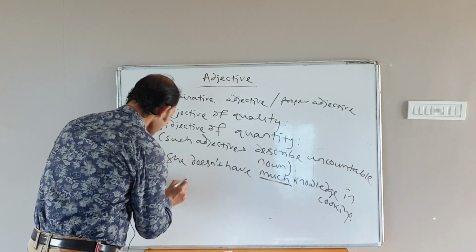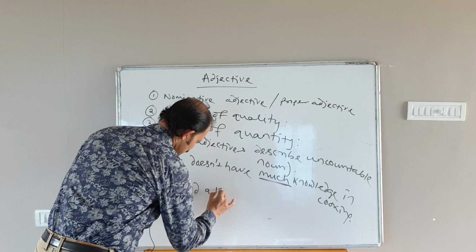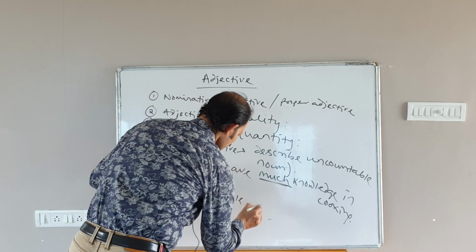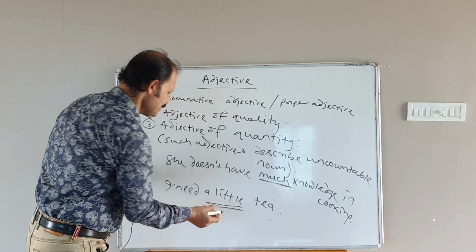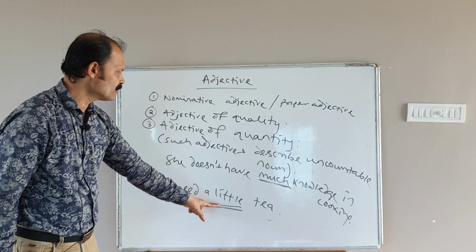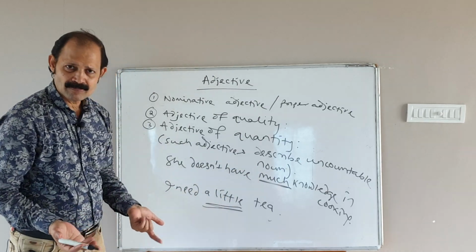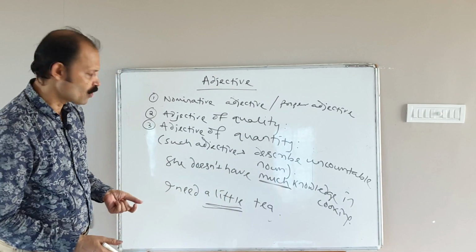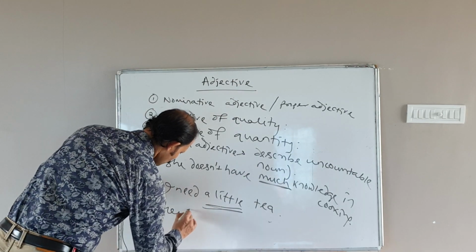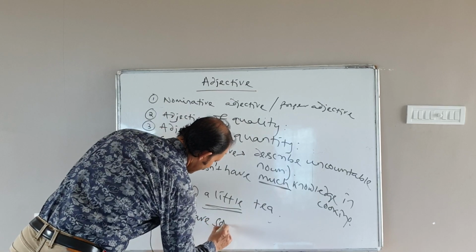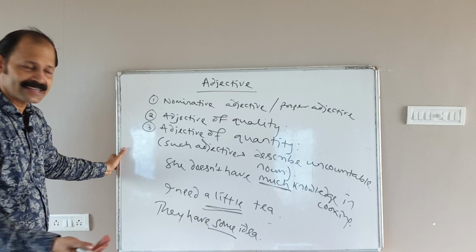Similarly, suppose I need a little tea. How much tea do I need? A little. So this is also adjective of quantity. So much, little, some, these are the adjectives of quantity. Suppose they have some idea. Here some is adjective of quantity.